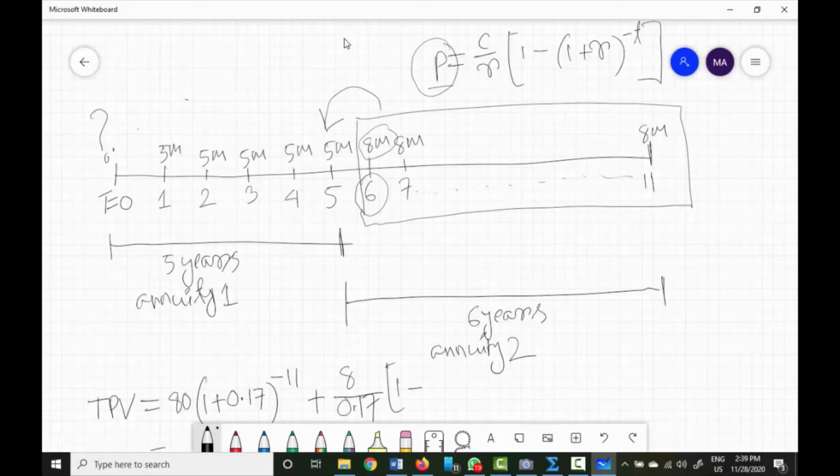Bracket 1 minus 1 plus 0.17 power. How many cash flows are here? We have 6 cash flows, 6 years means 6 payments of 8 million each. So power will be minus 6.